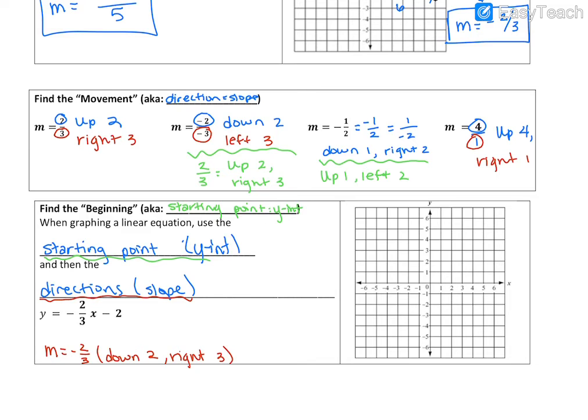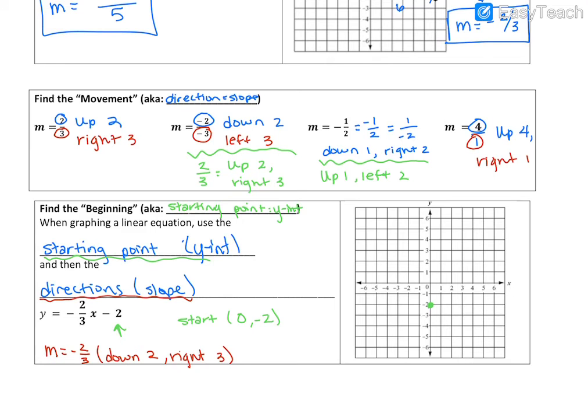And the starting point is the b, which is negative 2, because it's plus b. So when you minus 2, that's negative 2. So our starting point is at 0, negative 2. It's 0, b, okay? So our starting point, you don't move to the left or right at all, but you go down 2, and you're at that point right there.